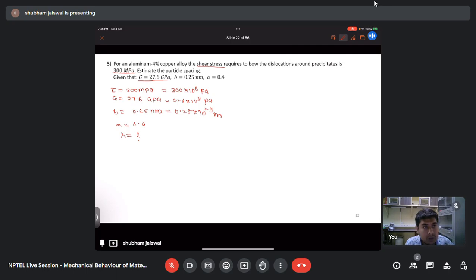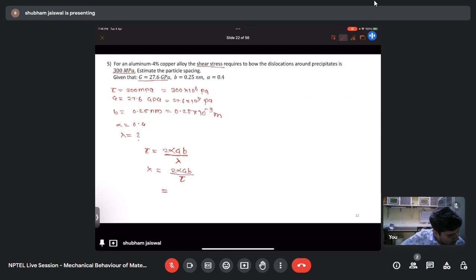So we know the equation: tau equal to 2 alpha GB upon lambda. So now you have the equation. Now tell me the answer. What is the value of lambda? So we can write lambda is equal to 2 alpha GB upon tau.